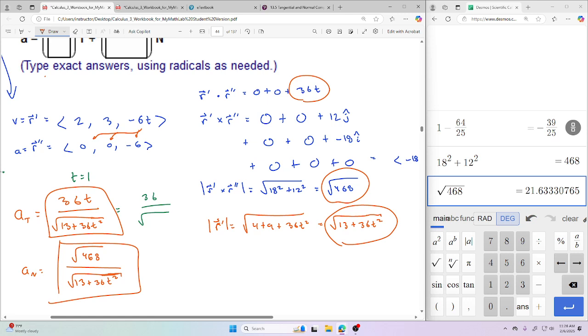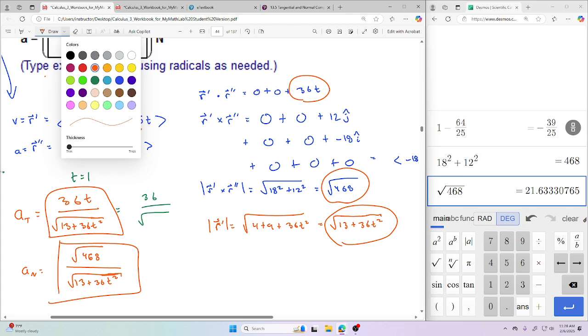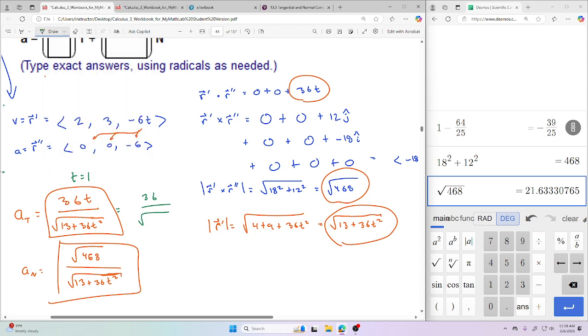It's 36t. Yes, it will turn into a 1 in a minute, but there I go again. Well, it helps because I see that 36, but I'm not quite sure if that's the same. It was. You're right. Thank you for noting that.